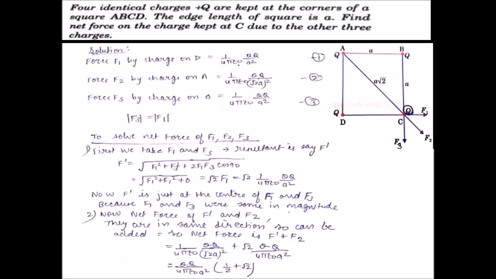So the final resultant is F dash plus F2. The F dash value is root 2 QQ upon 4 pi epsilon 0 a squared, and the F2 value from equation 2 is 1 upon 4 pi epsilon 0, QQ upon root 2 a whole squared. This way, this answer is the final resultant.